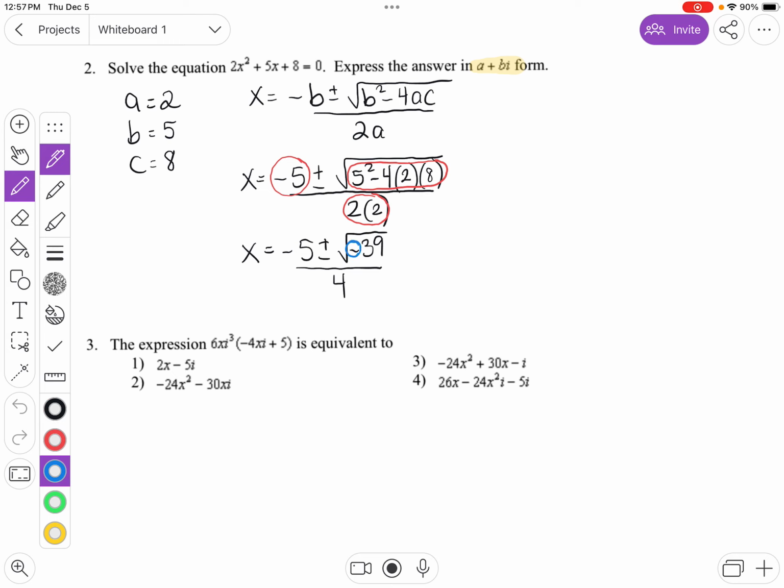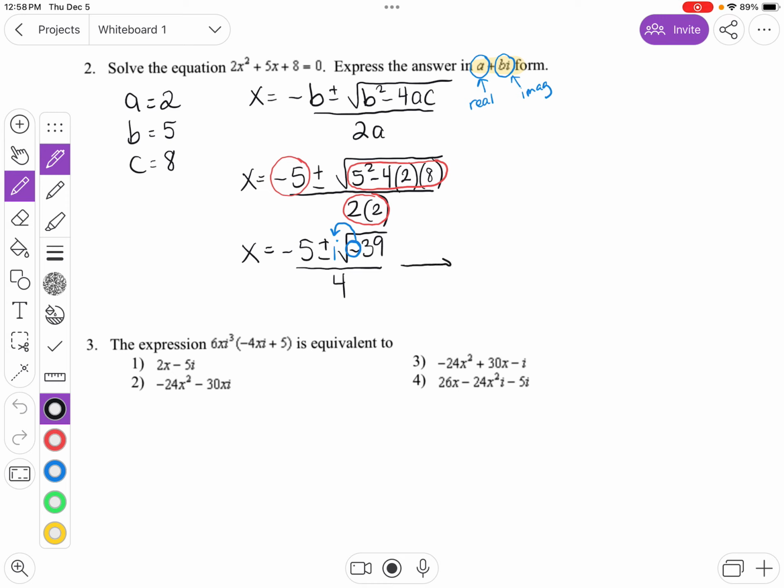Okay, now 2 things here. This negative does not exist, so we're going to pull it out and we're going to make it an i. Okay, and then lastly, a plus bi form means that we want to separate a that has no i, we call that a real number, and the second term, which has the i, the imaginary.